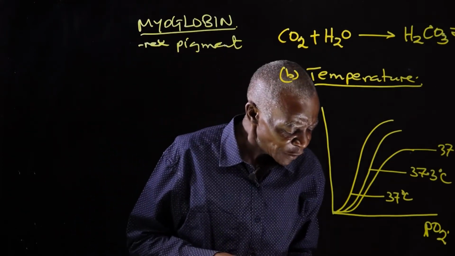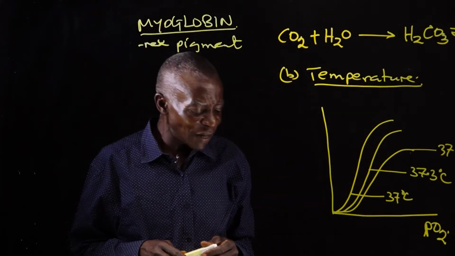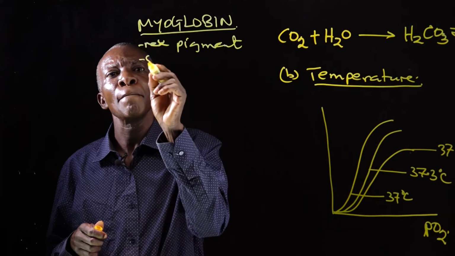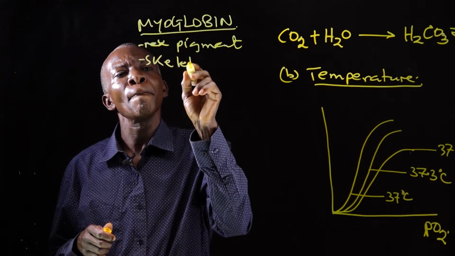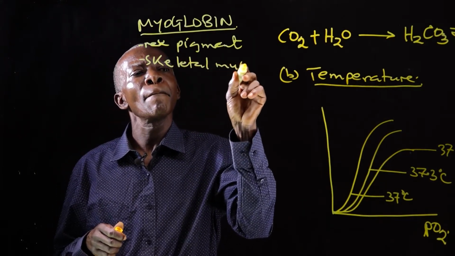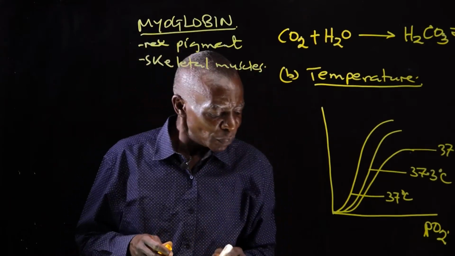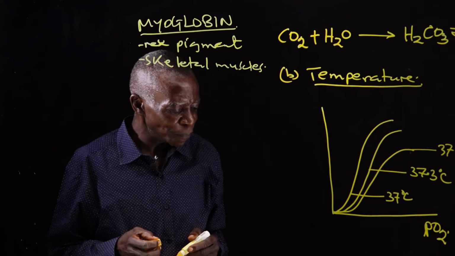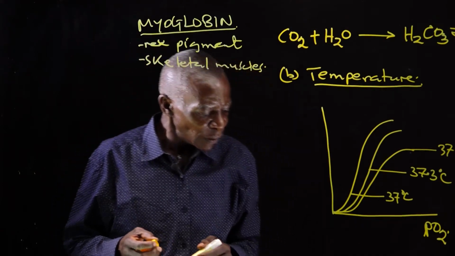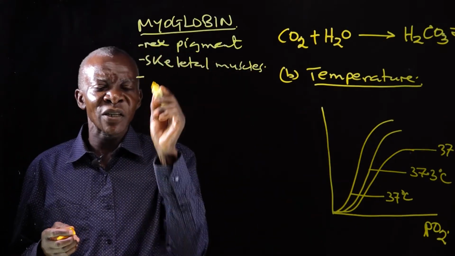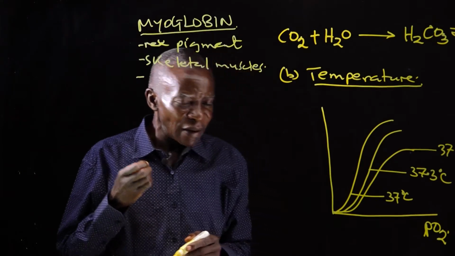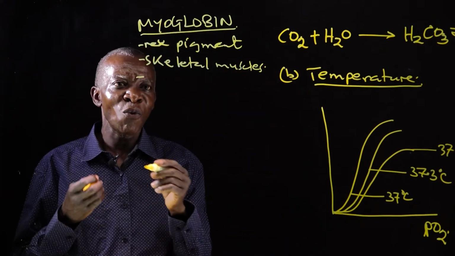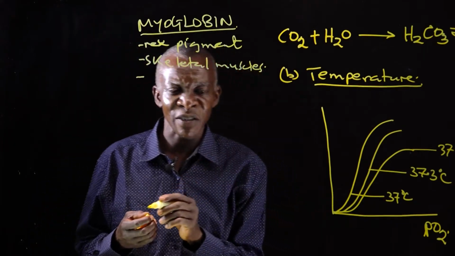Now, myoglobin is largely found in the skeletal muscles. It is the main reason why the skeletal muscles are red.